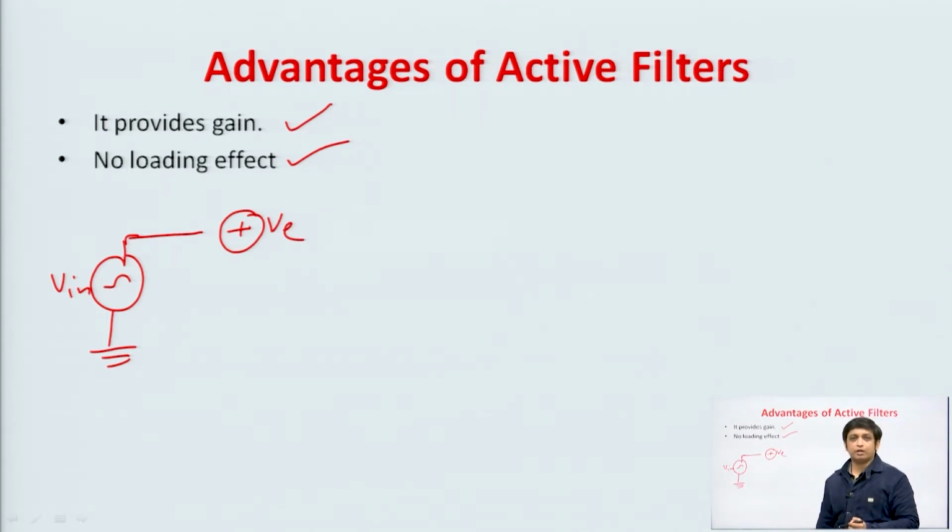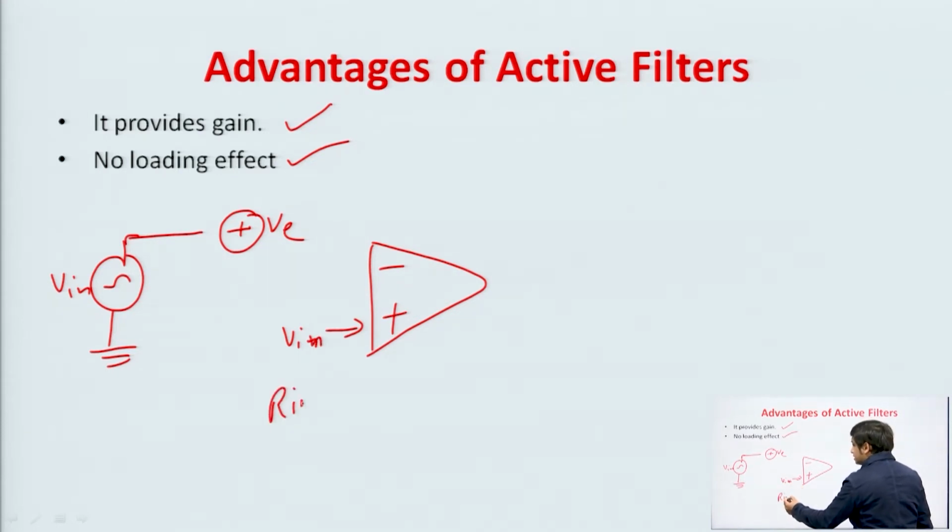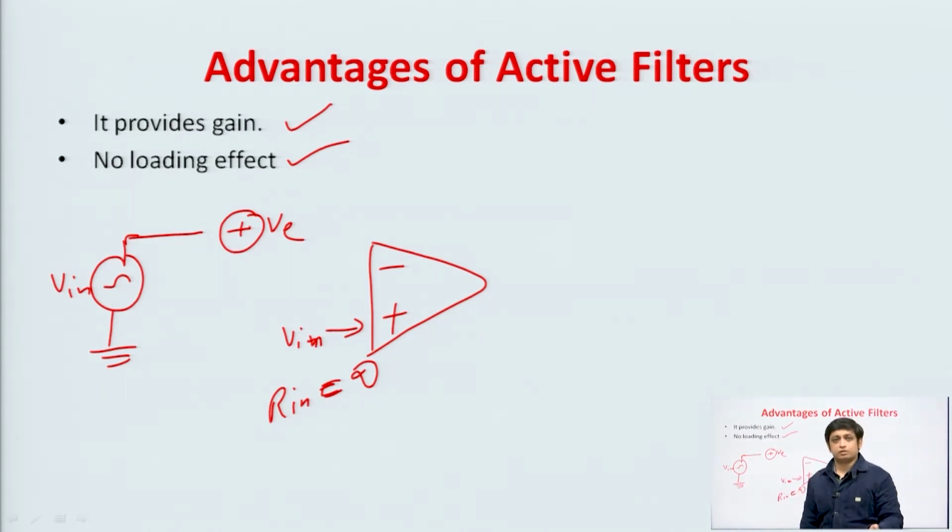And we had seen in earlier classes that when we apply the input signal at the non inverting terminal of the op amp, the input resistance is very high, ideally infinite, practically in the mega ohm range.